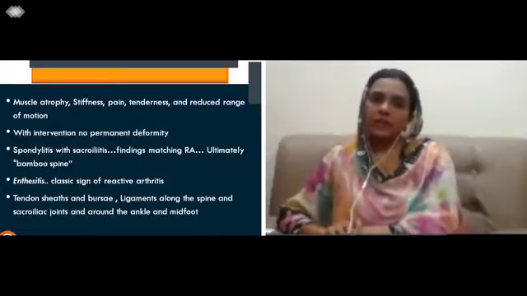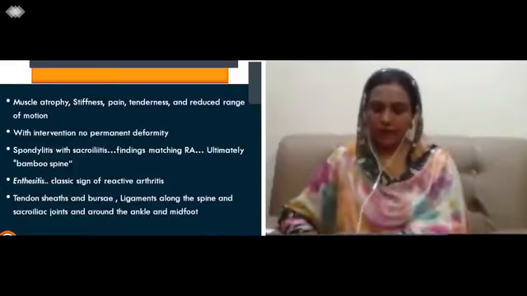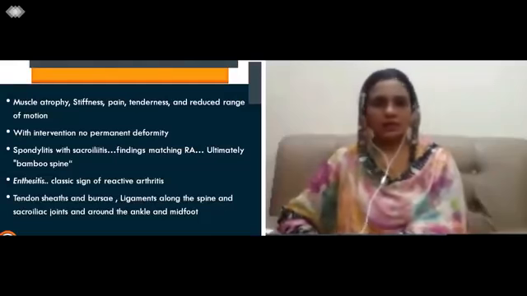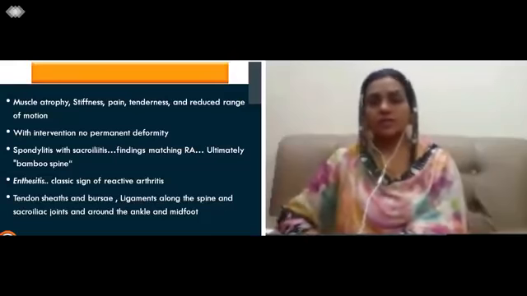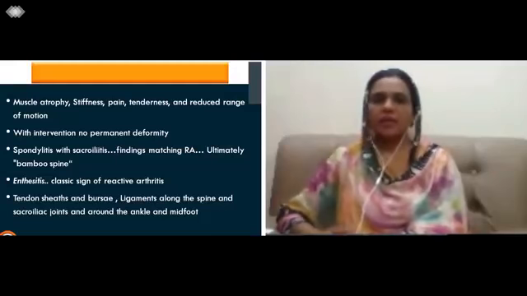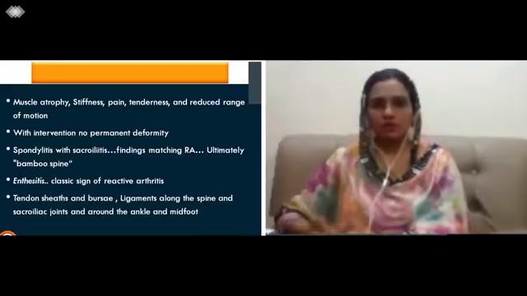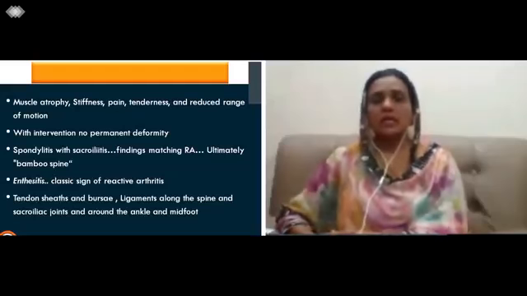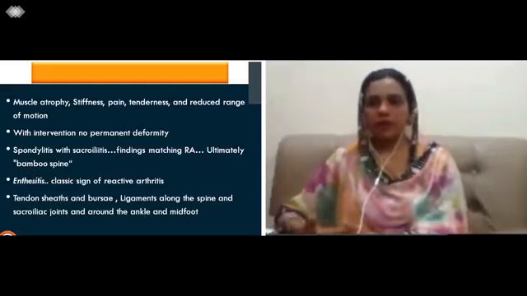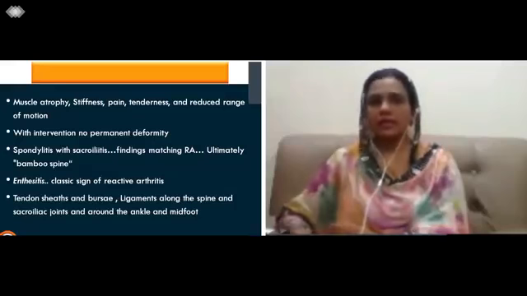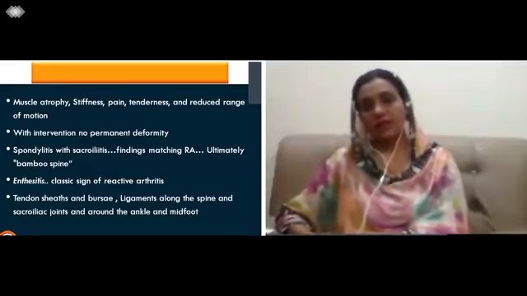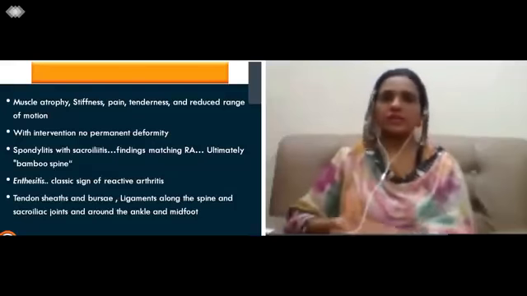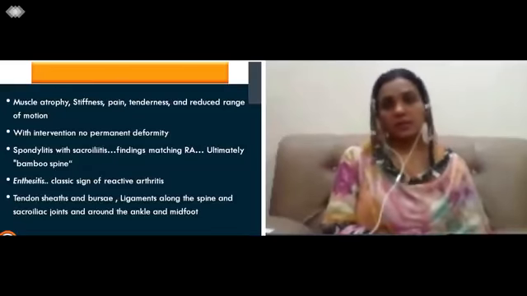Along with the joint involvement and arthralgia, the patient can also develop muscle atrophy and muscle stiffness, and pain, tenderness, and reduced range of motion can also be there, because obviously if the joint is inflamed and there is synovitis, and if there is long-standing disease, then due to reduced mobility there will be muscle atrophy and stiffness and all other signs and symptoms.